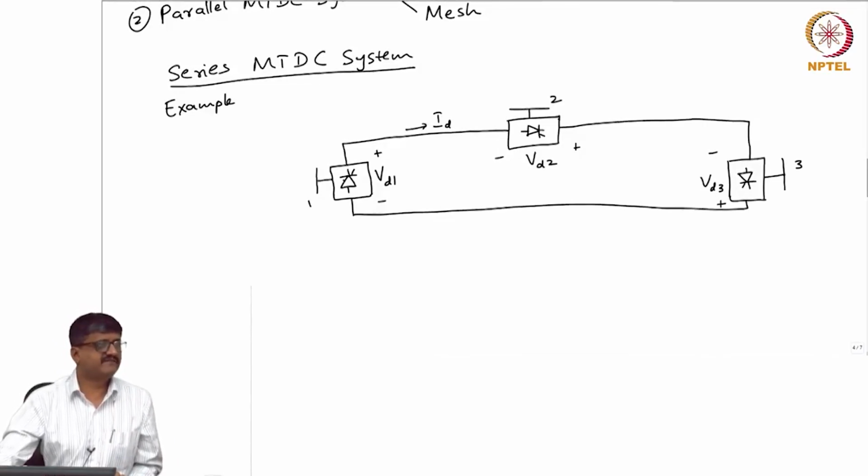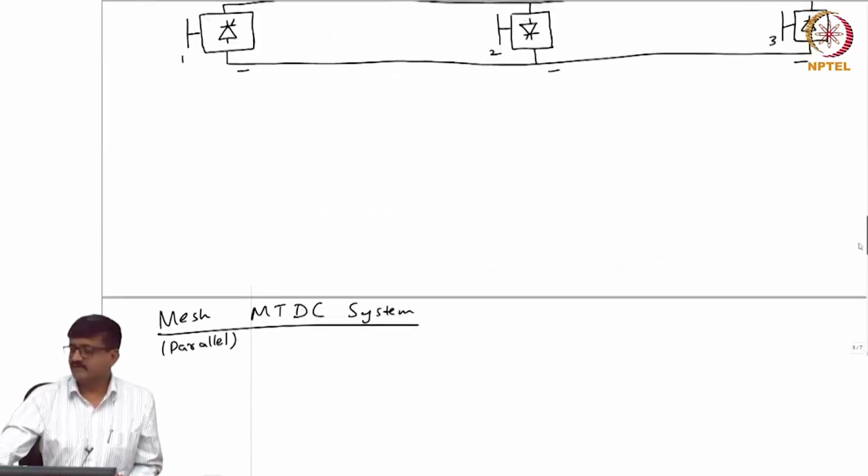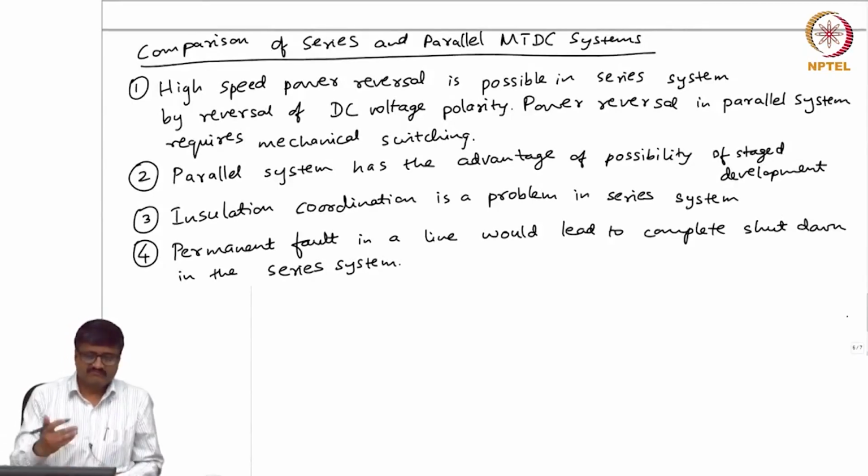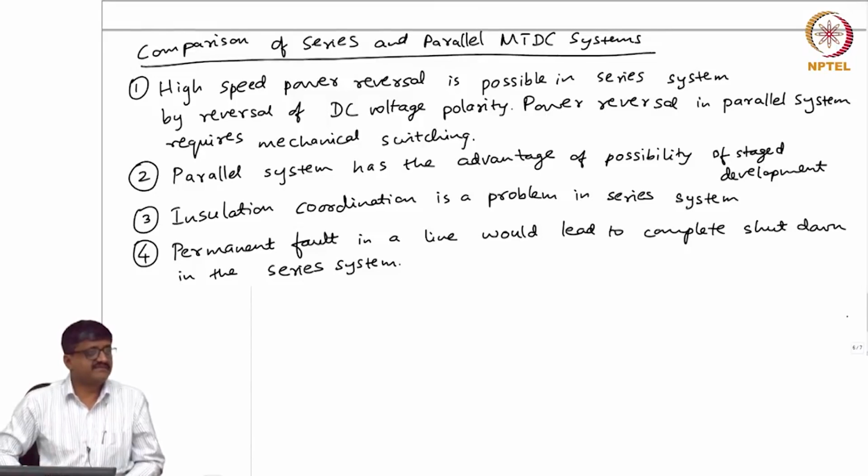If one wire is lost, the connection is lost and the circuit won't be completed. Okay, so that is one disadvantage of series. So if you try to see the comparison, it seems the parallel system is better than the series system. Okay. I'll stop here.